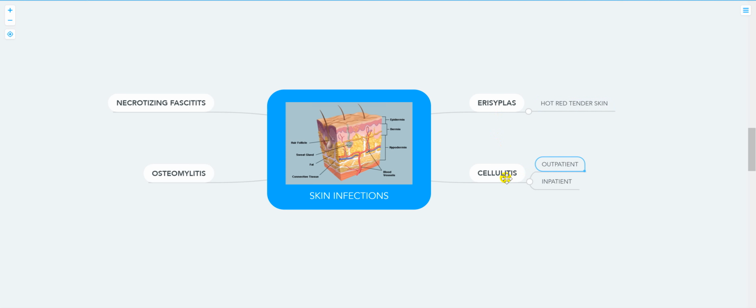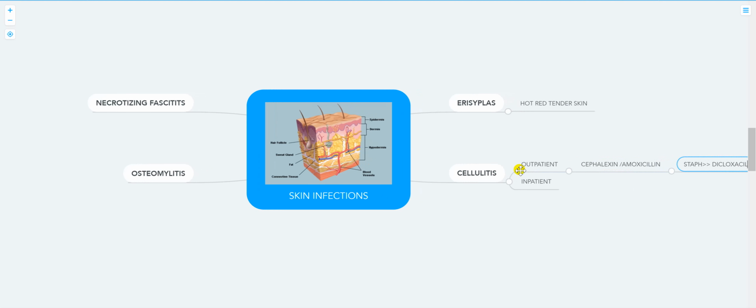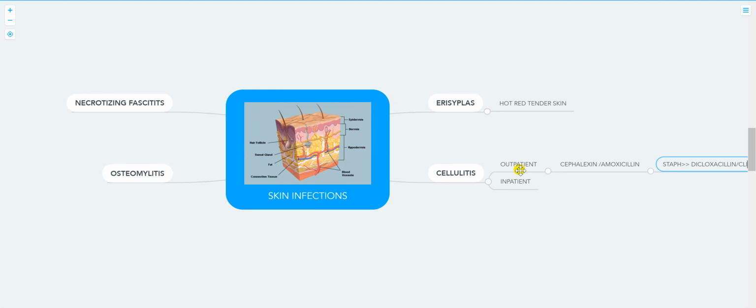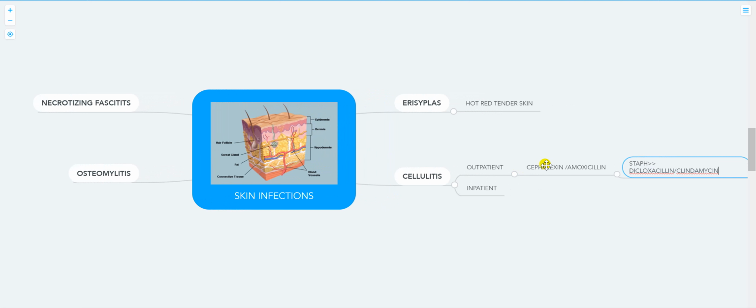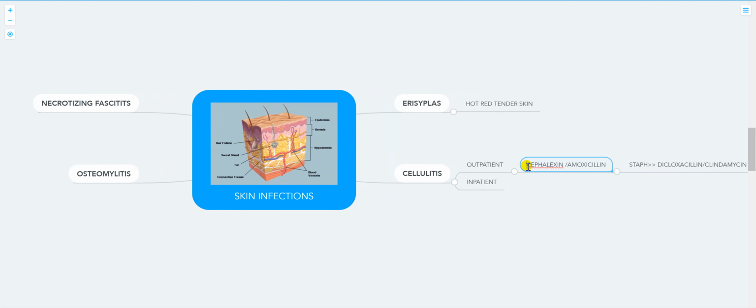If it's strep, we can start cephalexin or amoxicillin. But if it's staph, then we can start dicloxacillin or clindamycin. Okay, so this is for strep, this is for staph.